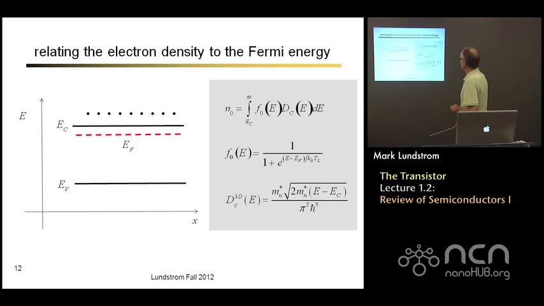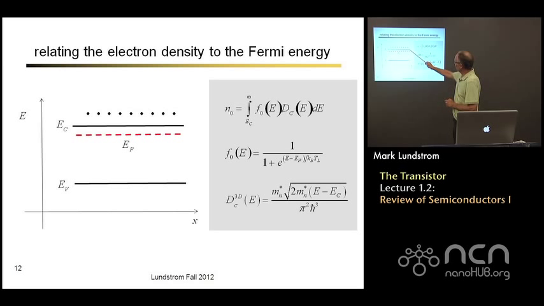Now this Fermi level is very interesting because I can now put the Fermi level and the densities of states together and I can relate them to the density of electrons or holes. So if I want to know what is the density of electrons per cubic centimeter in the conduction band, well, it's the number of states per cubic centimeter, which is the density of states in that energy range times the width of that energy range, times the probability that the state is occupied, which is given by the Fermi function.